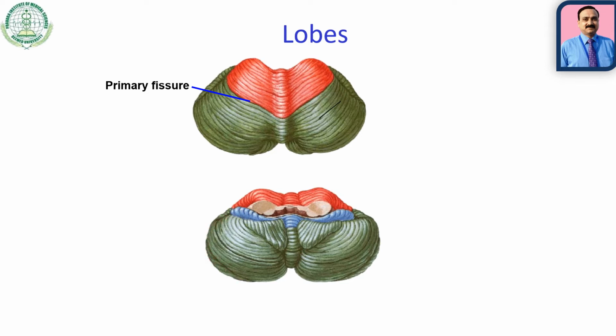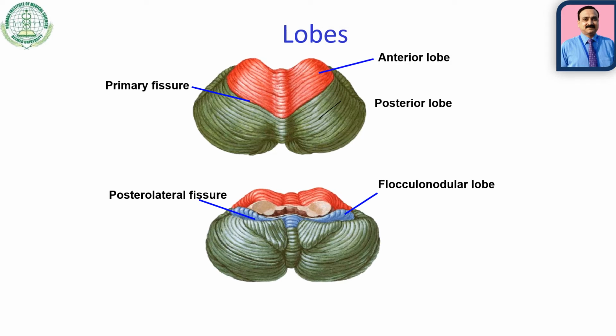From here also you can see the horizontal fissure. And the third is the posterolateral fissure, which separates the flocculonodular lobe from the corpus cerebelli, which is made up of the anterior and posterior lobe. The flocculonodular lobe in this diagram you can see in blue color.